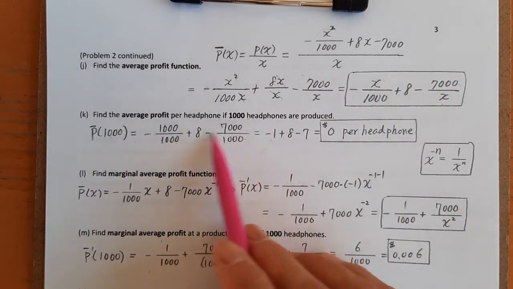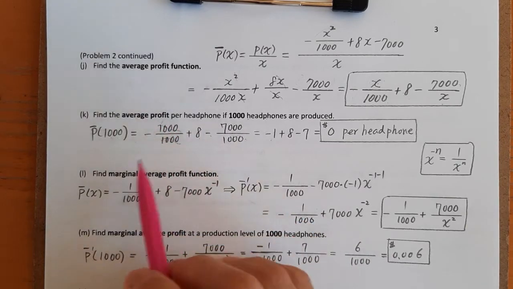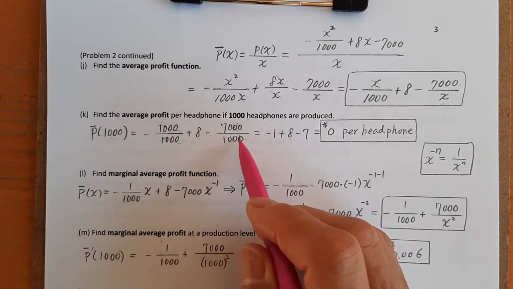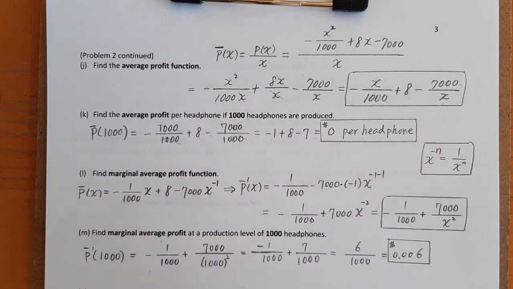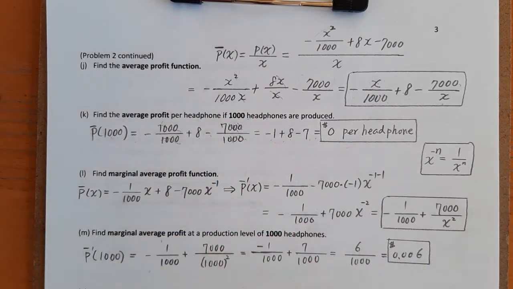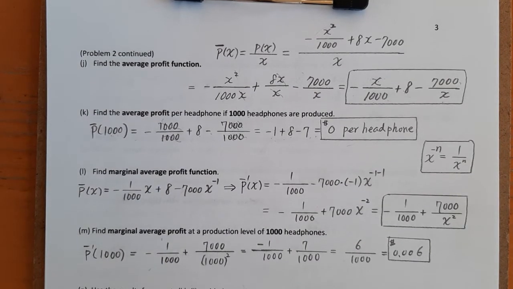So we get -1 plus 8 minus 7, which adds together to 0. So the average profit per head phone is 0 at the 1,000 production level. There's no average profit, the average profit is 0.